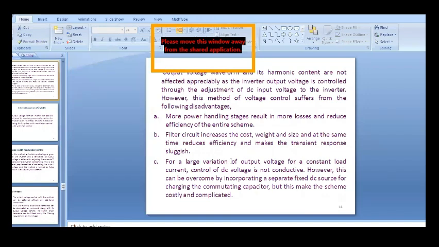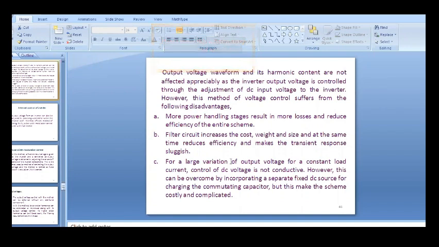This has the effect of reducing the circuit turn-off time of the SCR for a constant load current. Therefore, what we do for a large variation of output voltage for a constant load current, the control of DC voltage will not be conducive.